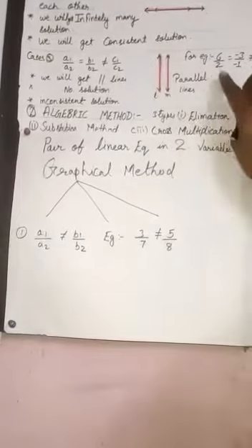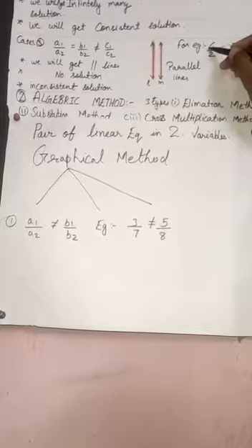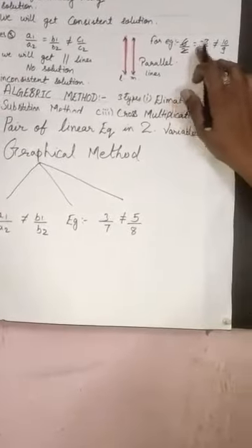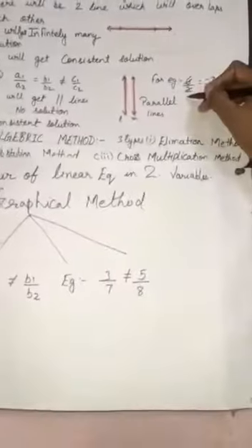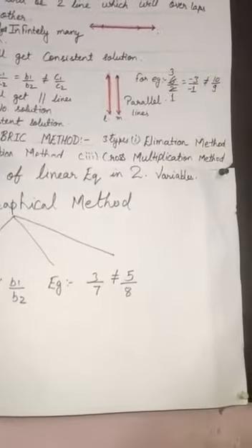When you are solving two linear pair equations, you will get the answer, and when I cut, it will be A1 by A2 is equal to B1 by B2, but not equal to C1 by C2. See here, 2 ones are 2 and 2 threes are 6.